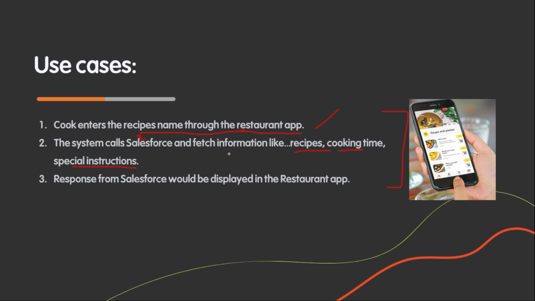That can be done in the Apex class, just the way we did in our Apex class, right? Whatever data the Apex class fetches from custom metadata will be sent back to the restaurant app, and it will show all the details, right? So this is one of the use cases for which we can use custom metadata.